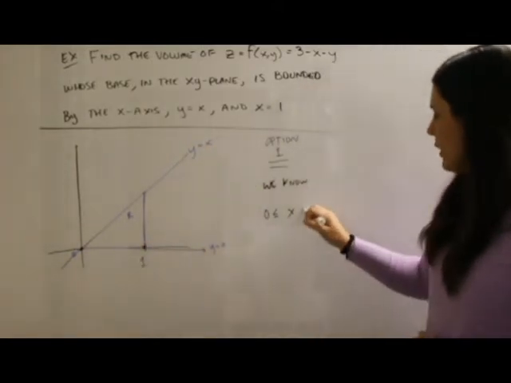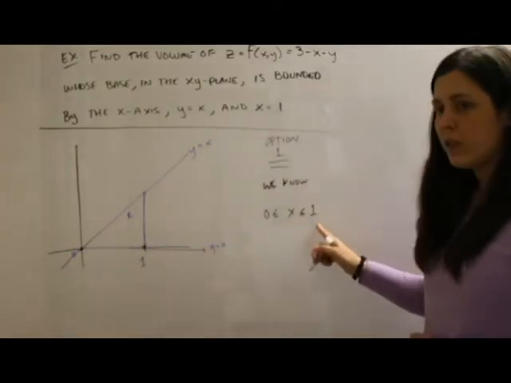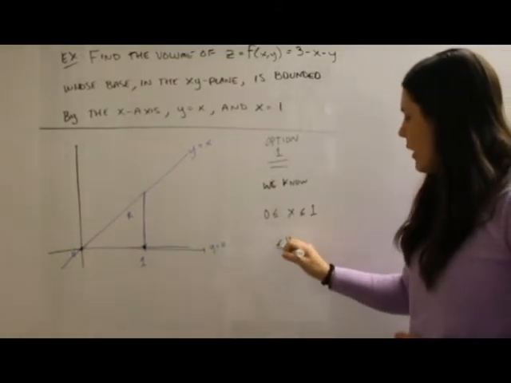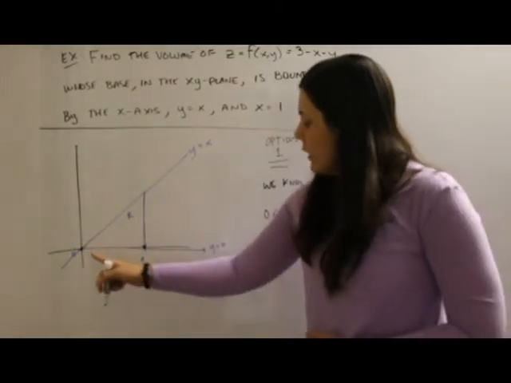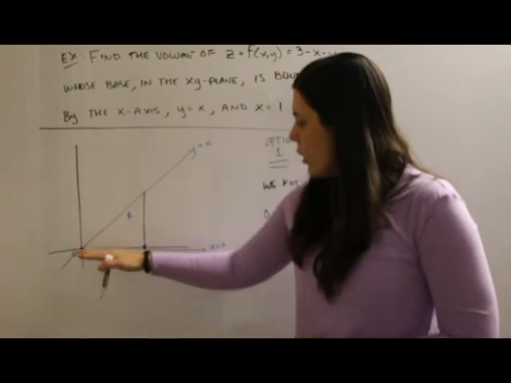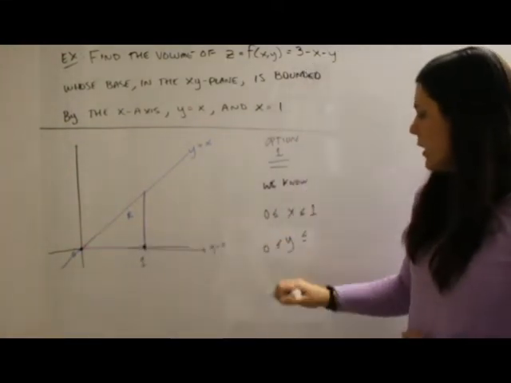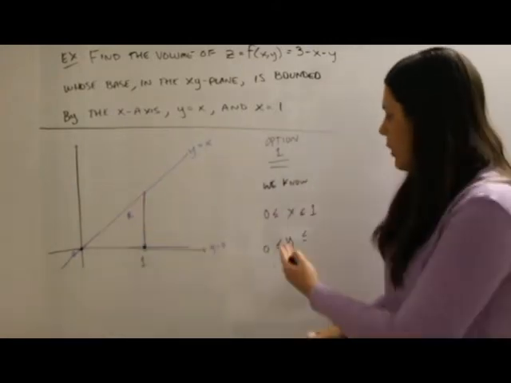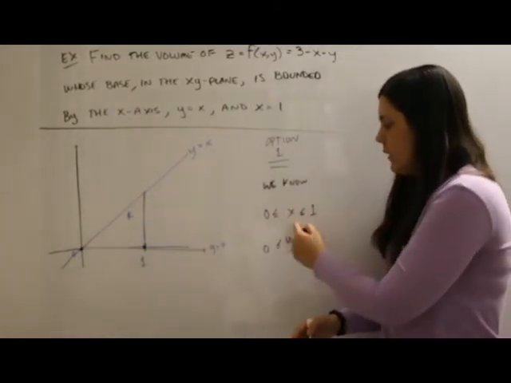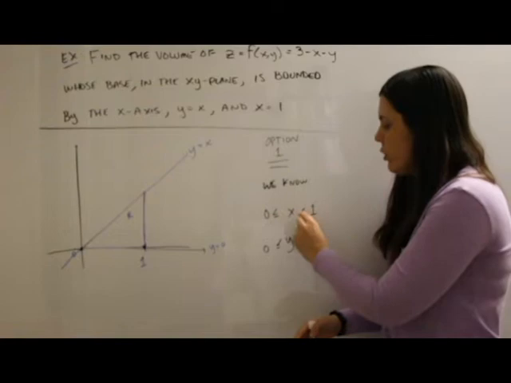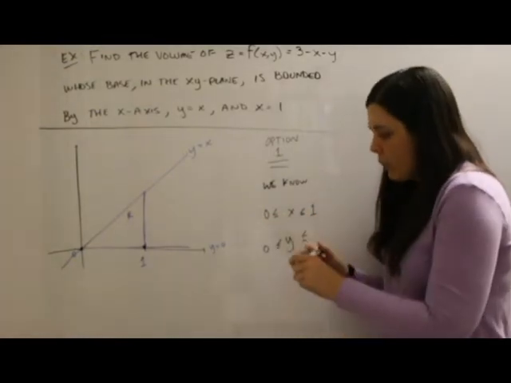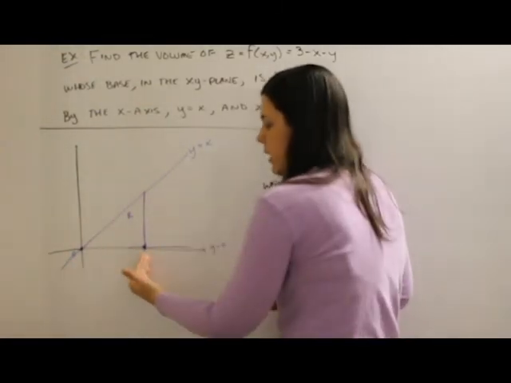Okay, so in this region, x goes from 0 to 1. Okay, so what do we know about y? Well, in this region, the lowest that y will ever be is 0, the x-axis. But now, if we're keeping x fixed, so notice there's no functions here, these are just constants. We're keeping it between these two fixed numbers.